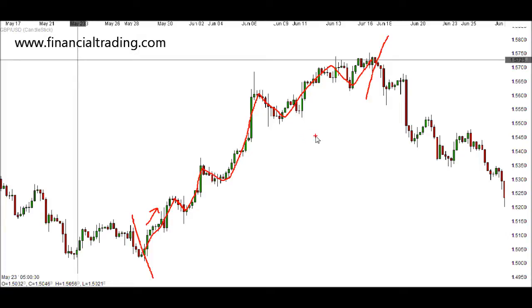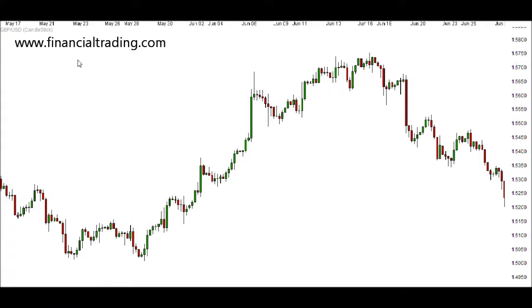A characteristic of an uptrend is what we would call the highs and lows of a trend. The high being the level where price stopped pushing and then pulled back. So just here, just here, here, and so on. And let's mark them on our chart.